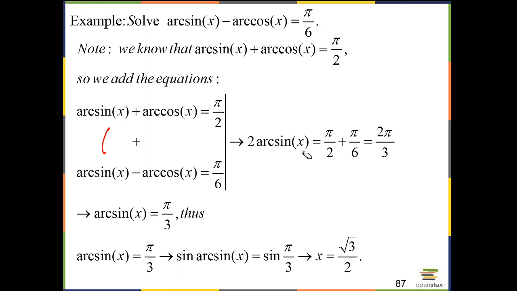So 2 arc sine x equals 2 pi over 3. So arc sine x is pi over 3 if you divide both sides by 2. So sine of arc sine x is basically x, which equals square root of 3 over 2.